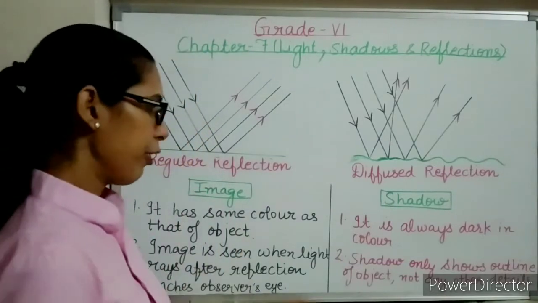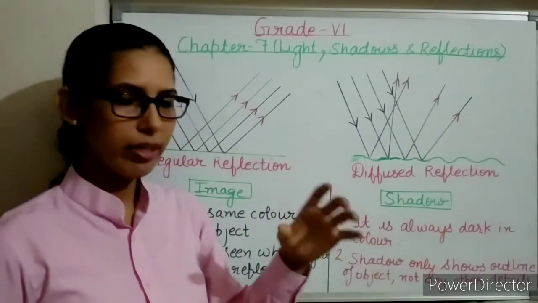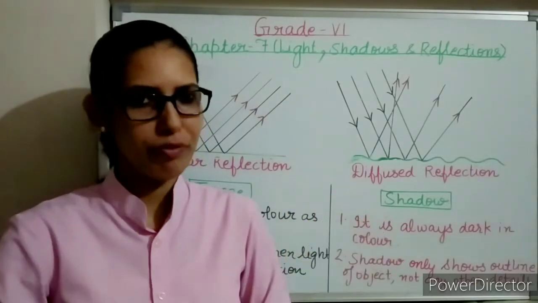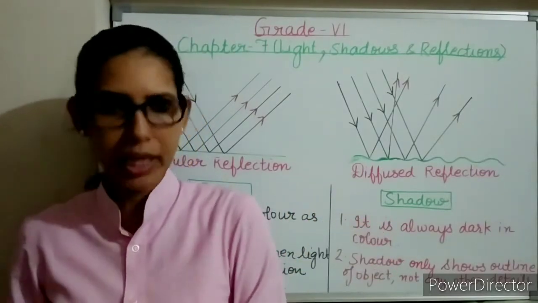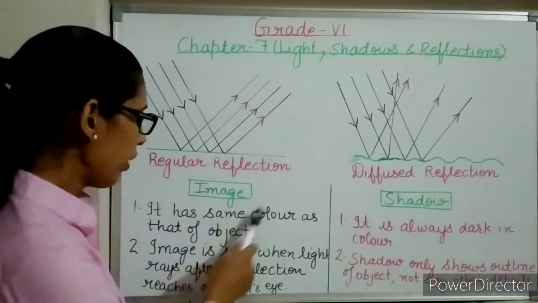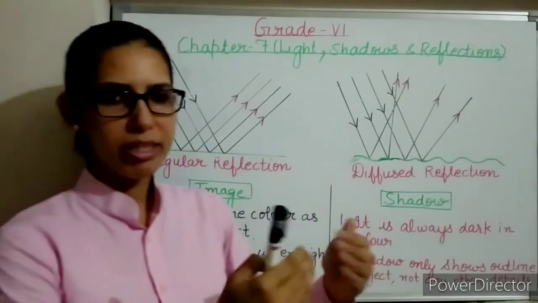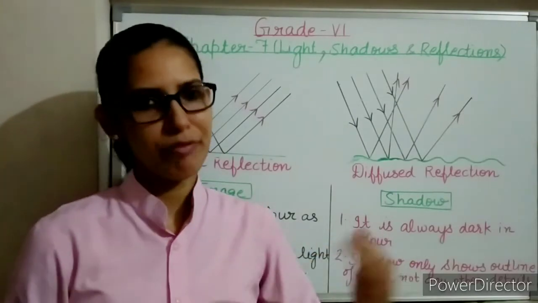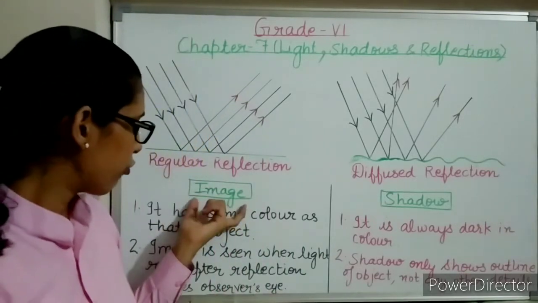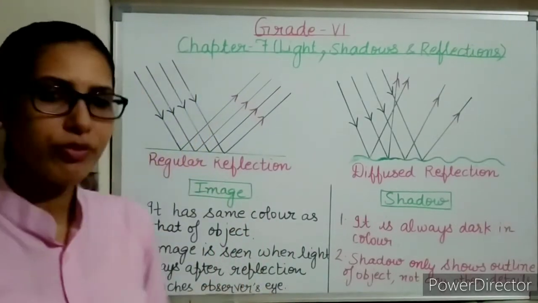Now, I told you how a shadow is formed when any opaque object placed in the path of the light blocks the light, because of which a dark region is formed on the screen and we are able to see the shadow. If I talk about images, I told you images are formed when the light rays after reflection reach our eyes. Okay, so images are formed because of the reflection of light.